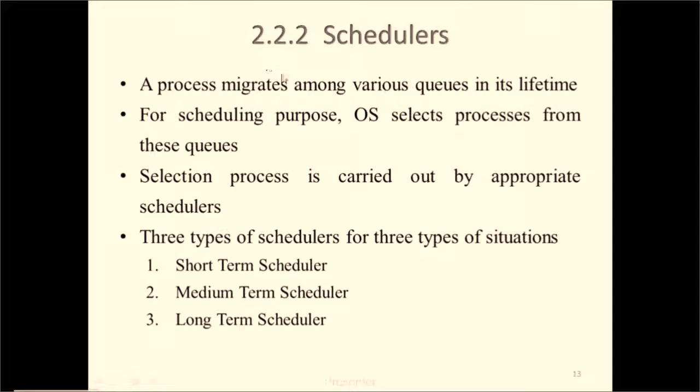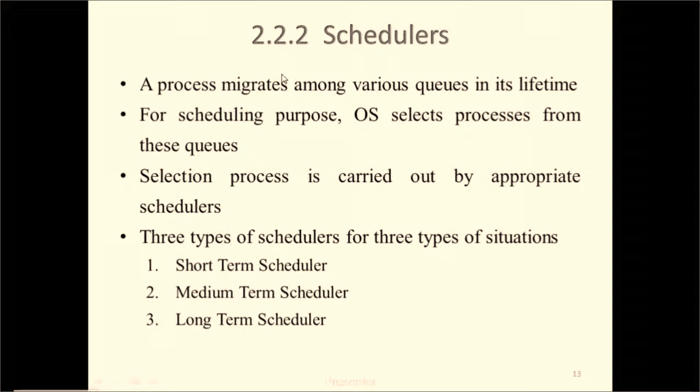Schedulers. So basically, who does the job of picking a particular process to schedule onto the CPU? Or if there is more than one process in the waiting list, who does the job of picking the right process from the waiting list and pushing it into the ready list?